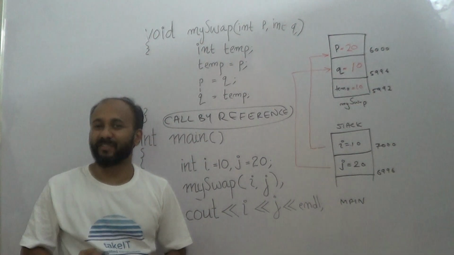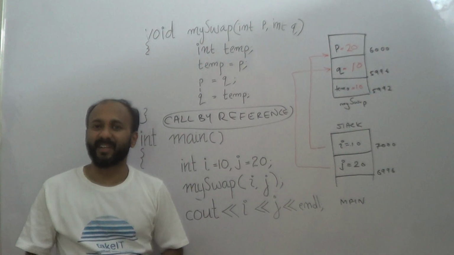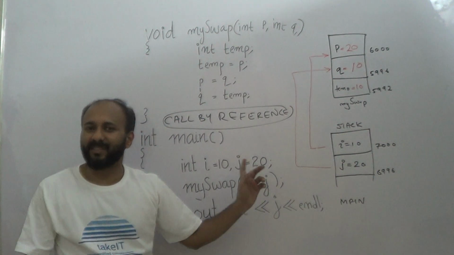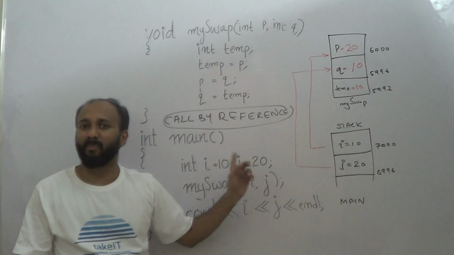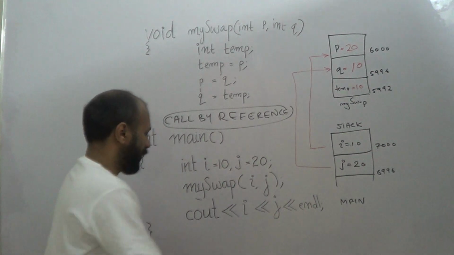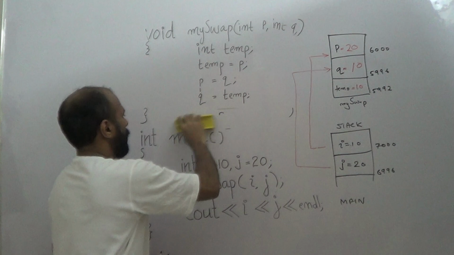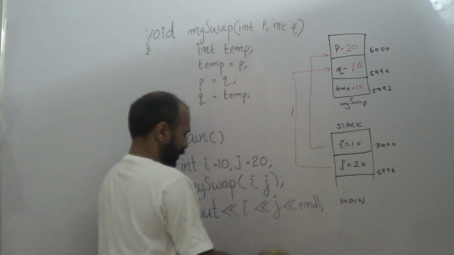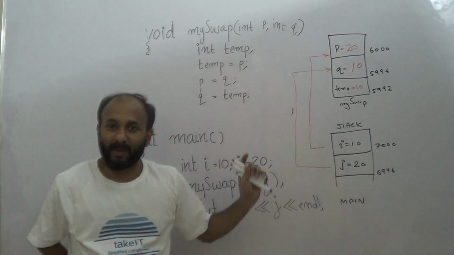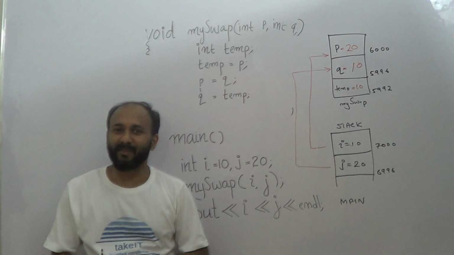The other is call by reference with the help of a reference variable. Today's session I am going to discuss call by reference with the help of a pointer variable.